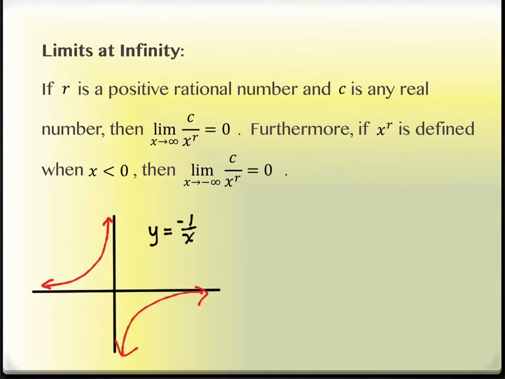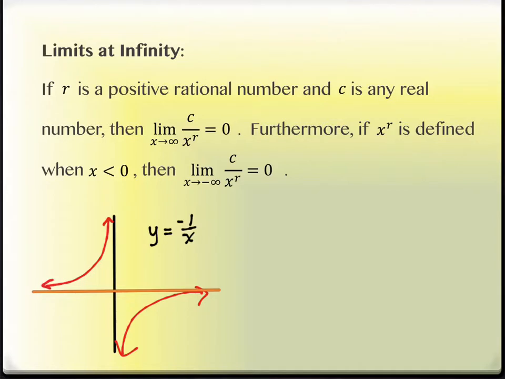Hopefully the horizontal asymptote you're seeing is the x-axis, highlighted in orange. It's a horizontal line that you get really close to, and you could actually touch it, but not at the ends of it. You might cross it. It doesn't happen real frequently, but you could have a graph that does this and still be a horizontal asymptote. But the end behavior, what's happening on the ends, is that you're approaching it and not touching it again. So that's a horizontal asymptote.